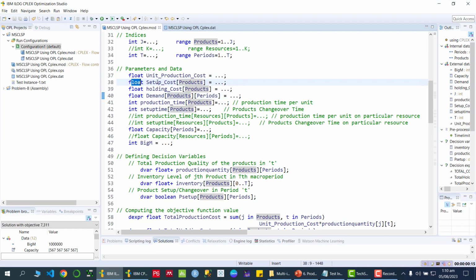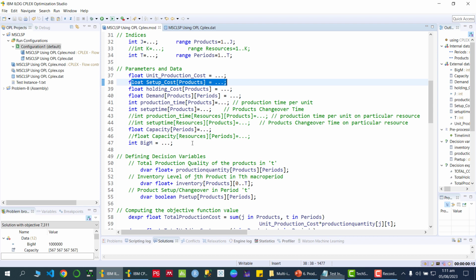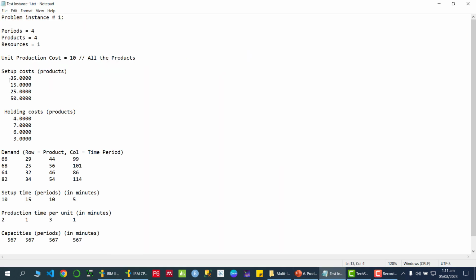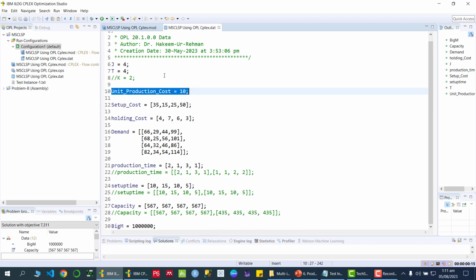So for the setup cost, because in the data set they have given us that the setup cost against every product is different, that's why I'm using the one dimensional array. So for that, how are we going to define it? float setup underscore cost, this is products. Because against every particular product we have a different setup cost, right? And then we have 3 dots in the data file. How can we define this one?